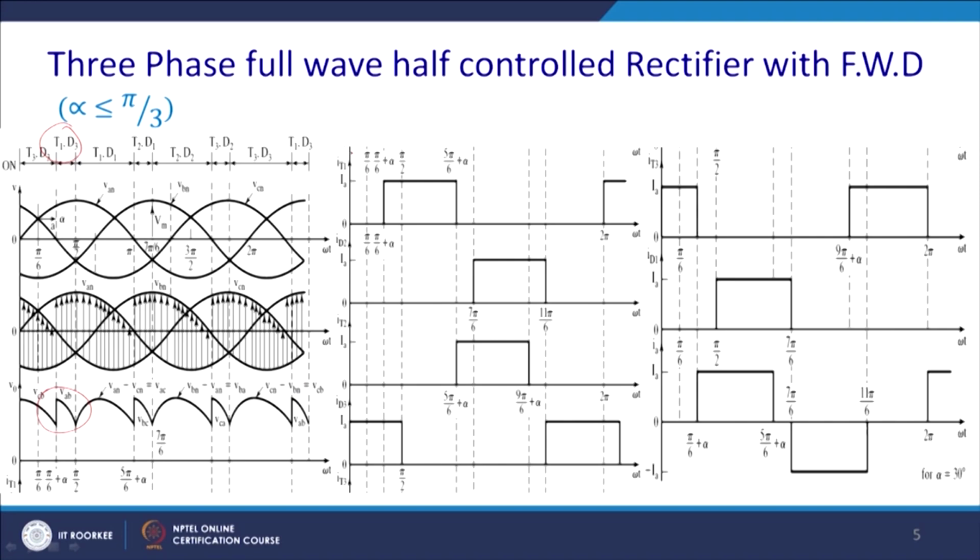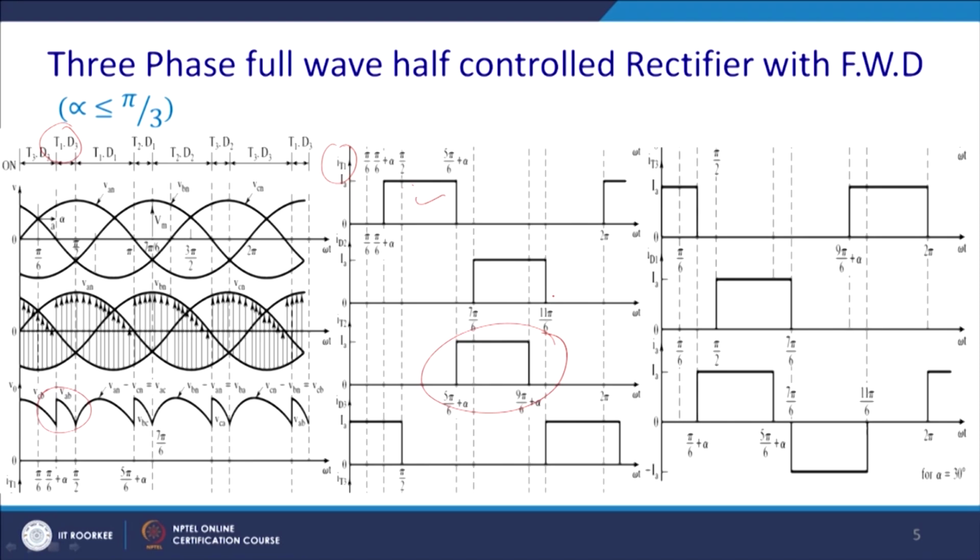So, this will be the current through the thyristor T1, this will be the current through the diode D2. Similarly, you can have the current, this is the thyristor T1. If you combine, this will be the phase current, and you can see that the symmetry is lost.